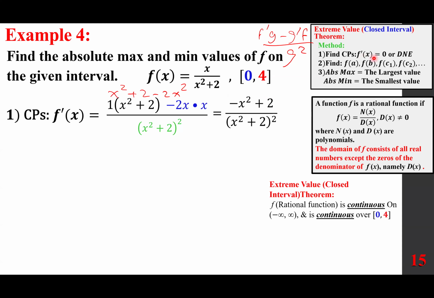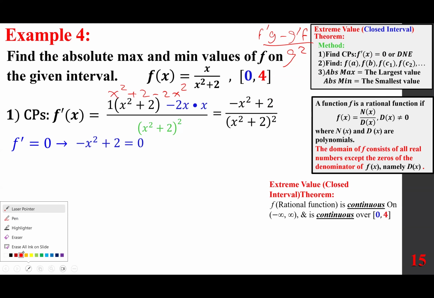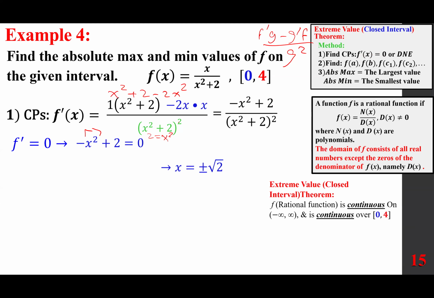We are going to look at f prime equals 0 first. A fraction is 0 when the top is 0. Negative x squared plus 2 equal to 0, meaning 2 equals x squared, x is plus or minus square root of 2.